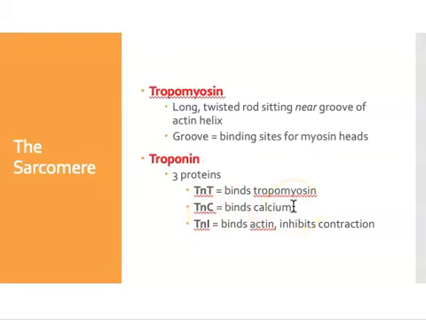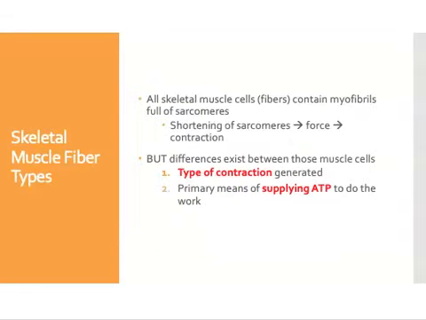So when calcium is released, and we're going to talk about when that occurs, remember, from the sarcoplasmic reticulum in a muscle fiber, that calcium is going to bind to the TNC region of troponin, and it's going to cause something to happen.